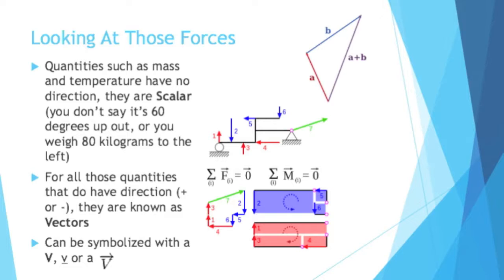Vectors can be symbolized with a few symbols: a large bold V, a lowercase underlined v, or a v with an arrow on top of it. Mathematically, and in the real world looking at physics, you can also take two vectors and add them together and consider them one vector, which I think is very interesting. So look at the image in the top right.